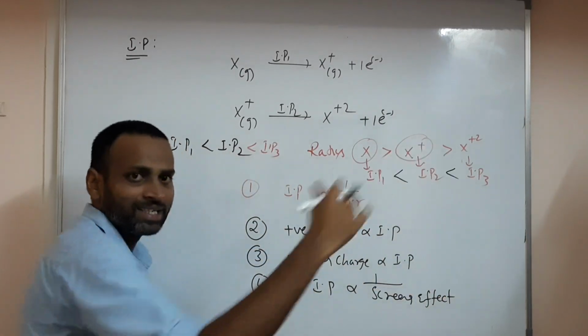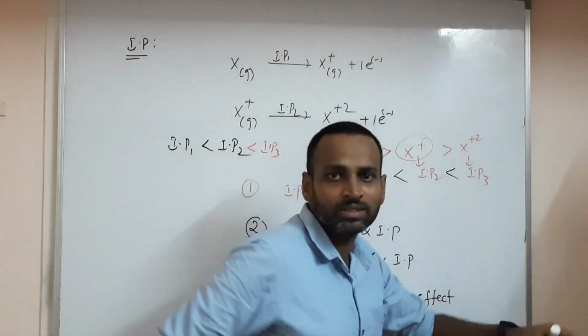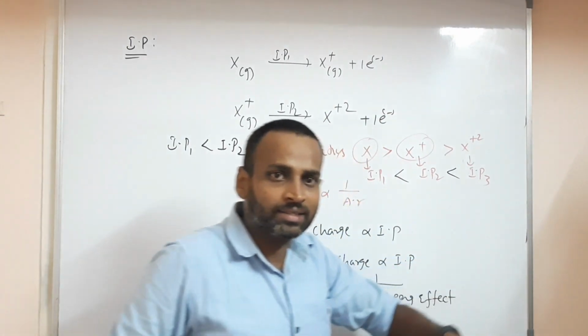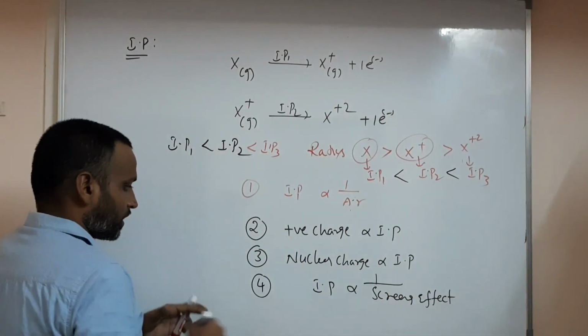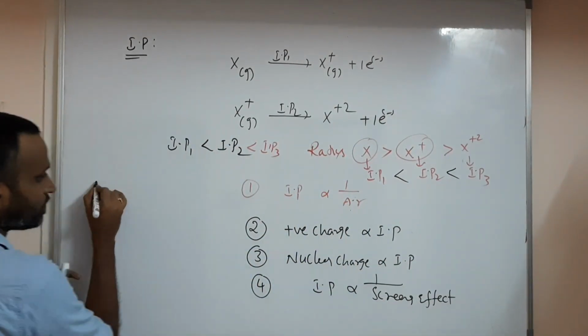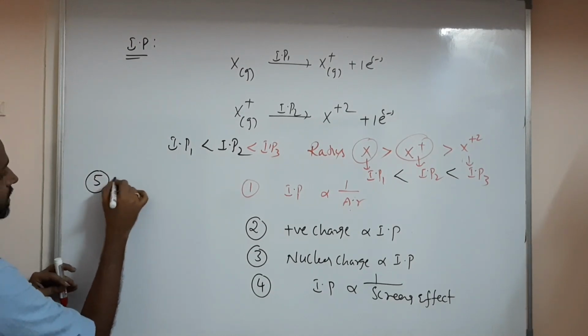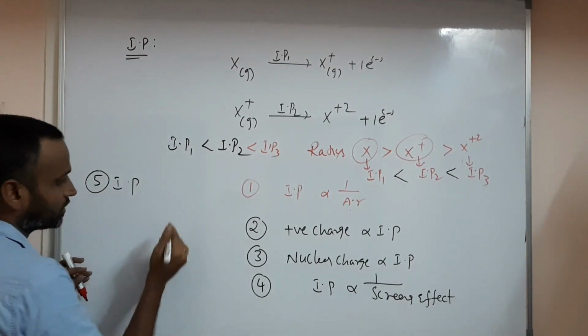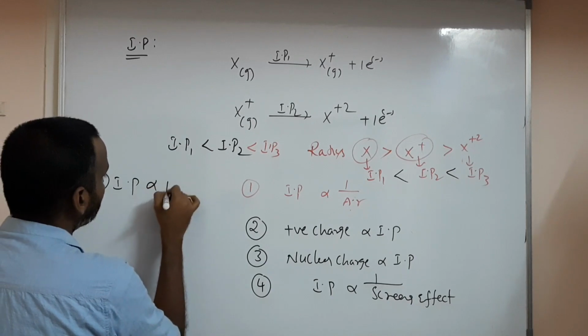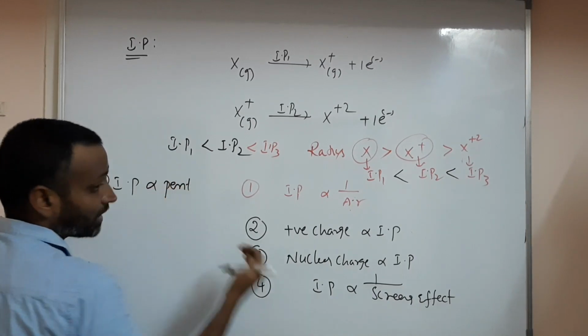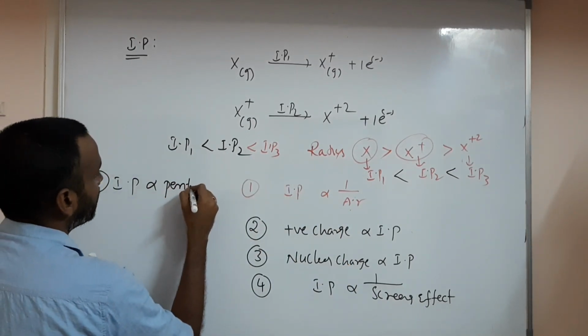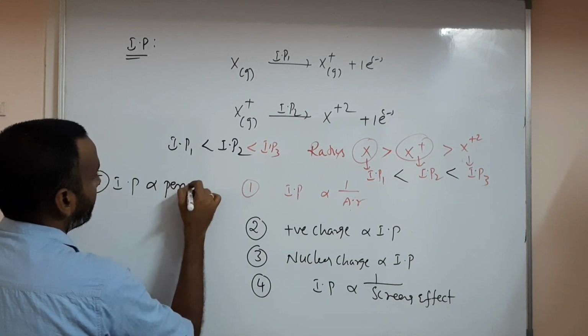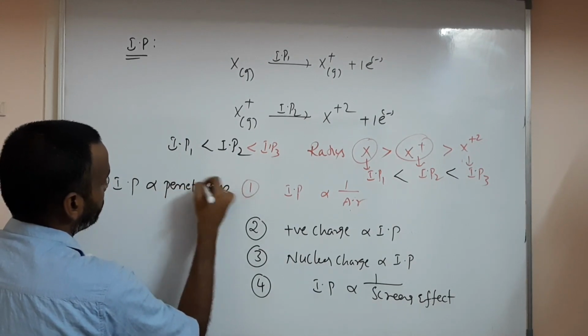As the screening is more, meaning the electron is going away from the nucleus, certainly attraction will be less, so you can easily remove it. Okay, next, the fifth one: ionization potential is directly proportional to penetration. Penetration means being attracted towards the nucleus. Penetration power.